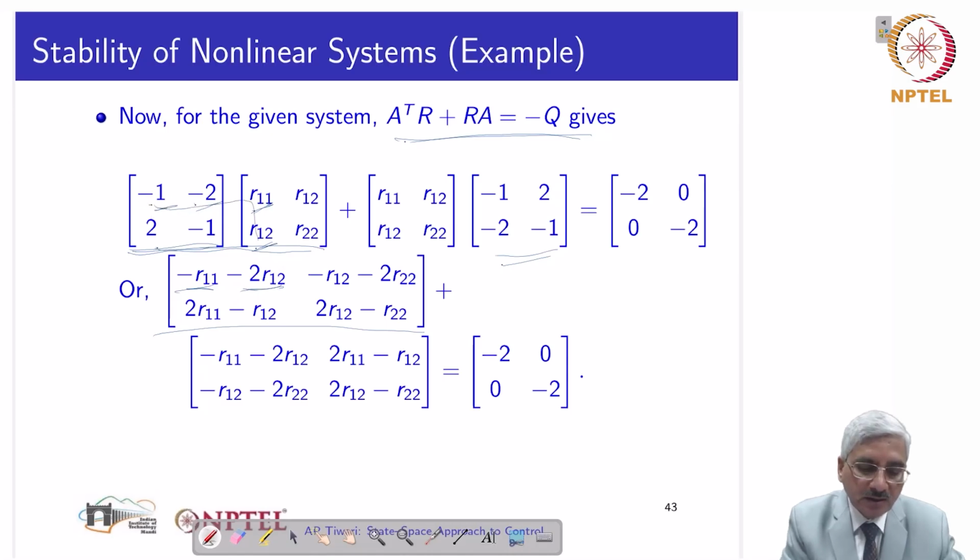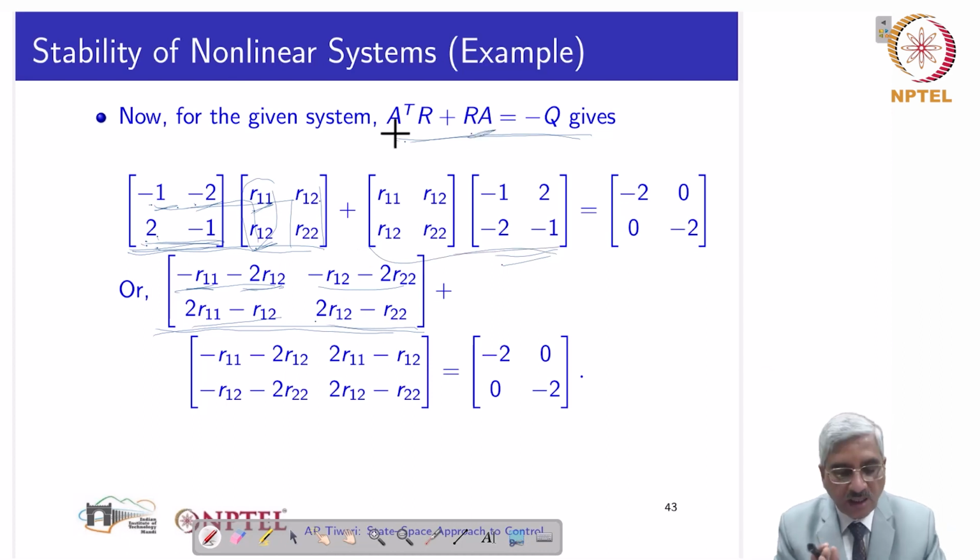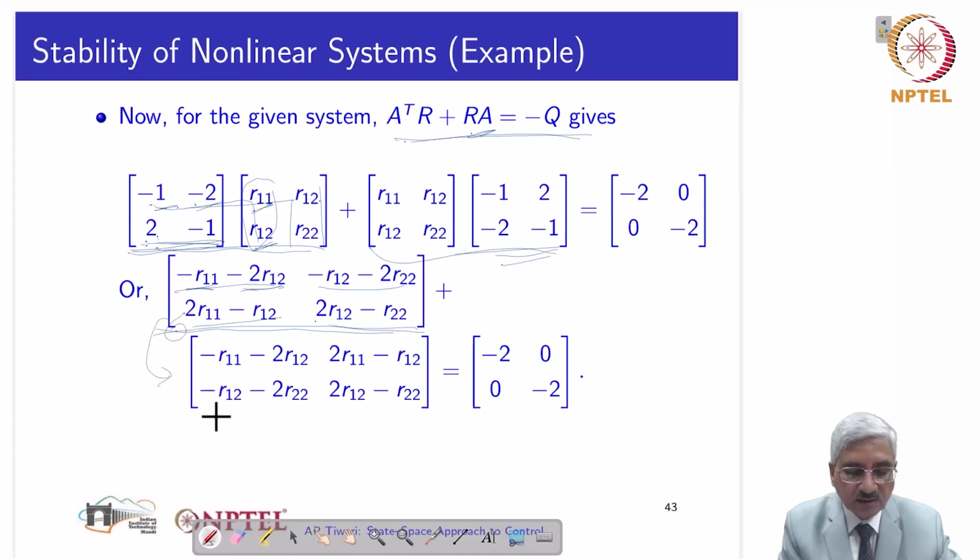So this product is this, and this product is this, and 2 minus 1 into R12 R22 is this. So we get this as A transpose R, and RA is the transpose of A transpose R, so we can directly write it by taking the transpose of this.